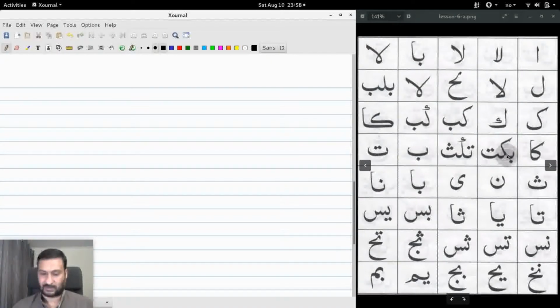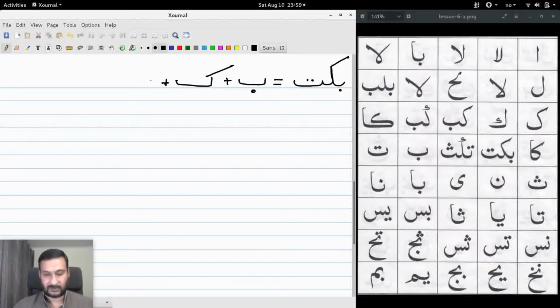Next is the combination of ba, kaf and ta. I'll write it here first. So this is ba, kaf and ta, and this kaf is like so. It is made up of the letters ba plus kaf plus ta.